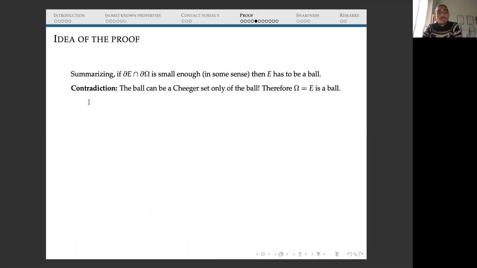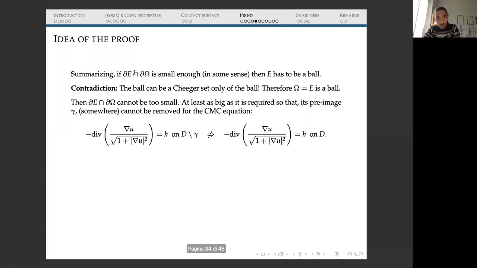Okay, so the sum of the argument boils down to the following thing. If this is small enough, then it has to be a ball. But the ball can be a Cheeger set only if it is a ball, as I said. So omega is a ball, period. And you have a contradiction. So this means that to rule out the contradiction, this set cannot be small. And how big does it have to be?